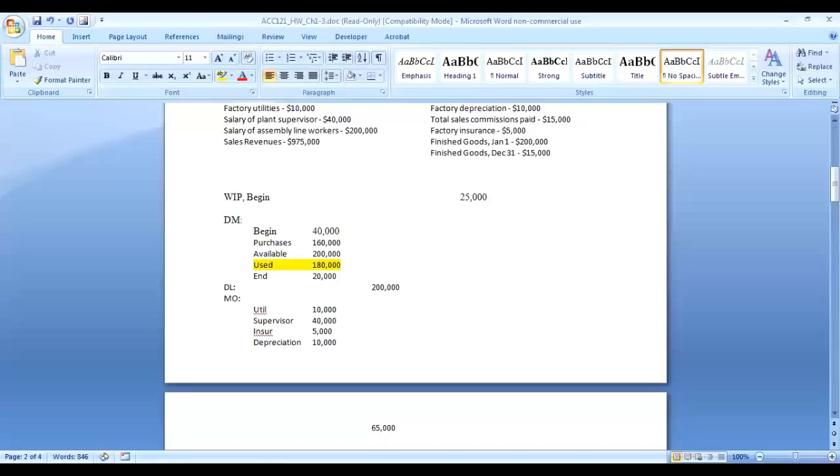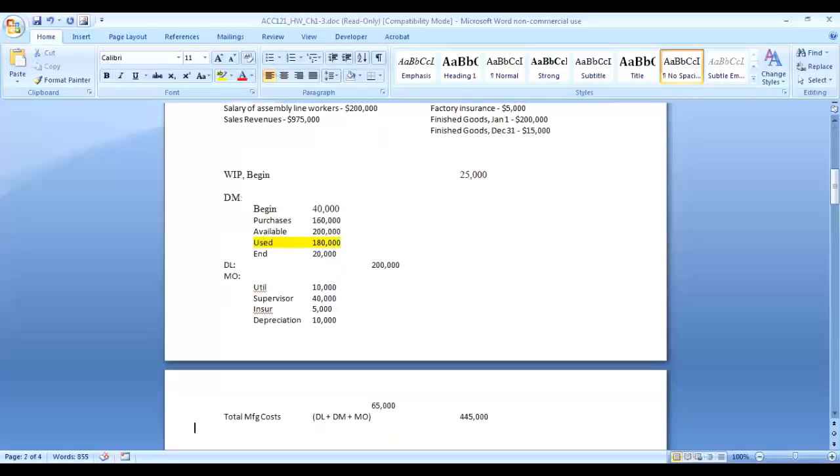Then we'd normally have our total manufacturing costs as another subtotal: direct materials plus direct labor plus overhead. That came out at 445, the 180 in direct materials used, the 200 in direct labor, and the 65 in overhead.